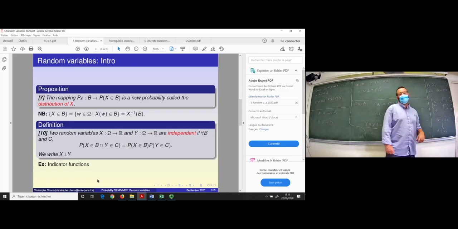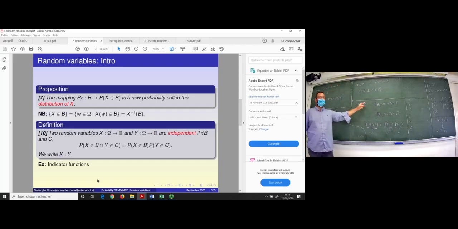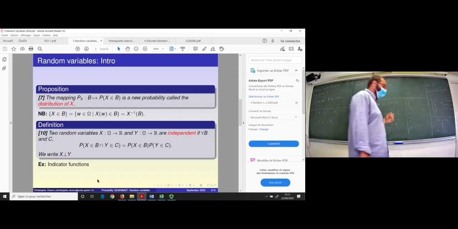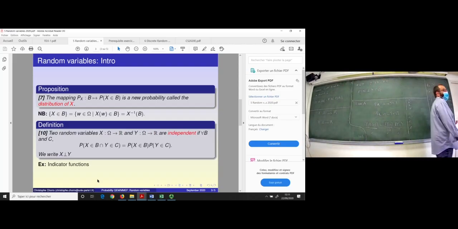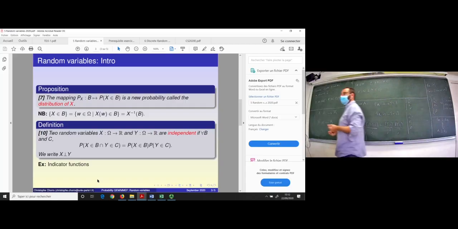Okay? But of course, for more complex random variables than this one, you will have to do more to consider all the possible preimages that may be tricky to find in some examples. But don't worry, because in a few sessions we will have more tools in order to prove independence of random variables that are easier to check than considering all the possible preimages.